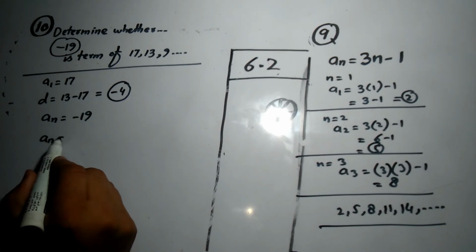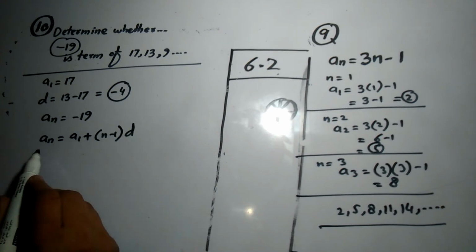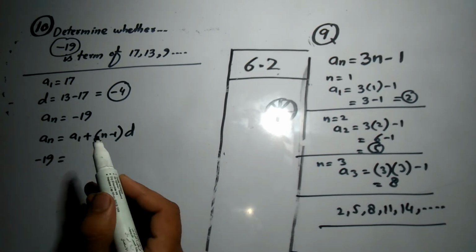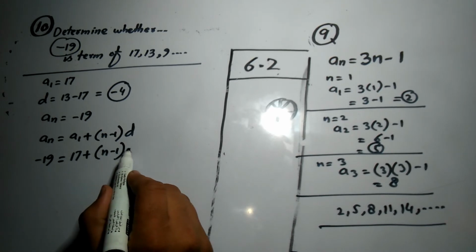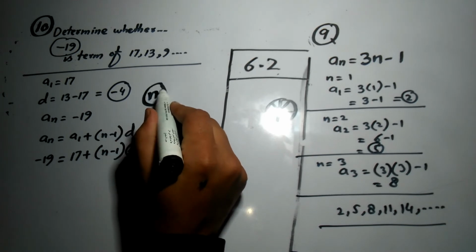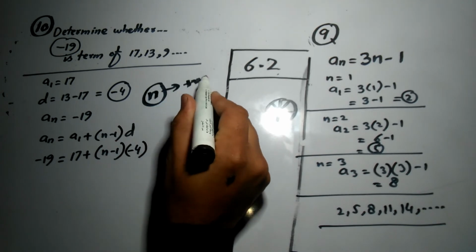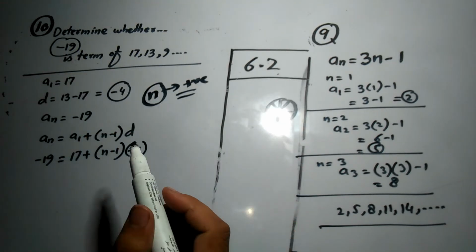So an is equal to a1 plus n minus 1 times d. If the value of n is a positive number, then it is a term of the arithmetic sequence, otherwise it is not.